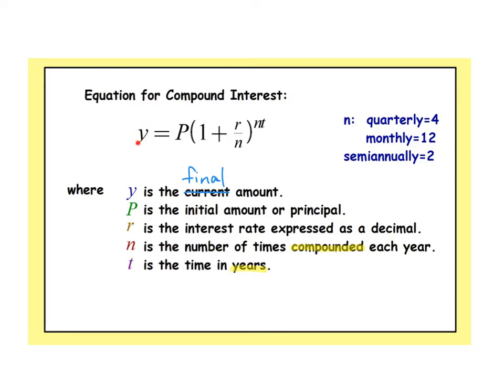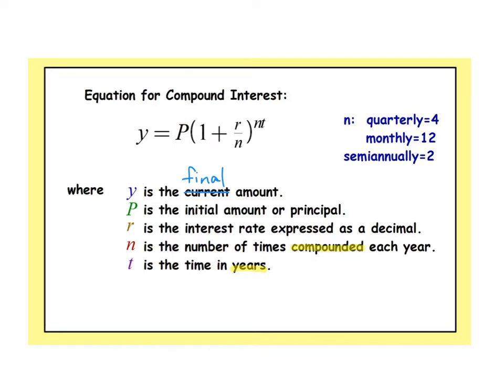But this output is going to be the final amount or the current amount. Probably more used as the final amount. This P here is still the initial amount, so the initial amount of money that you put in the bank.